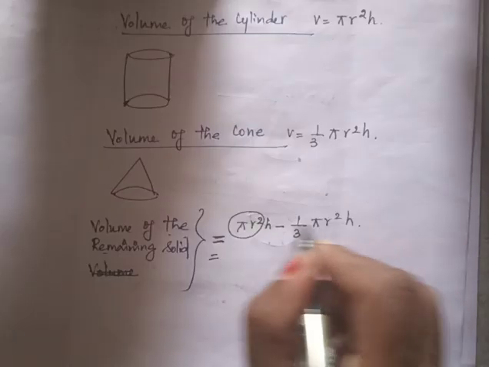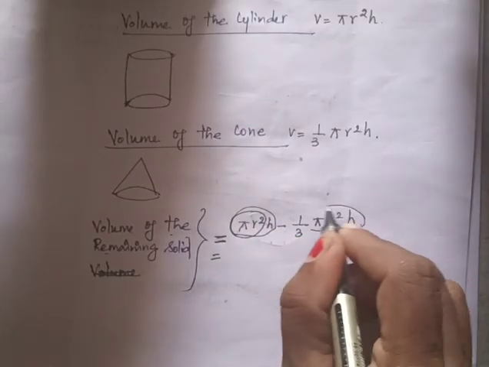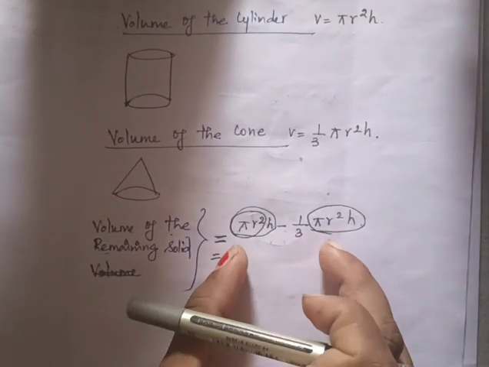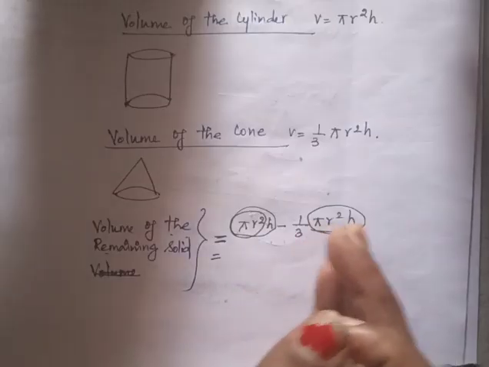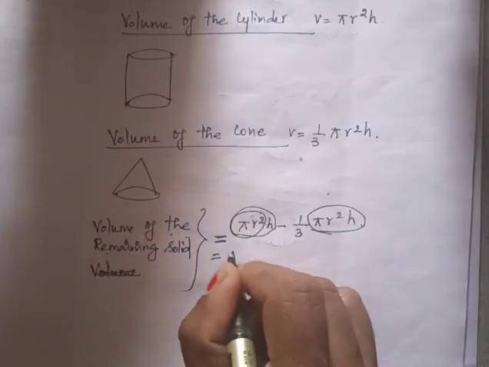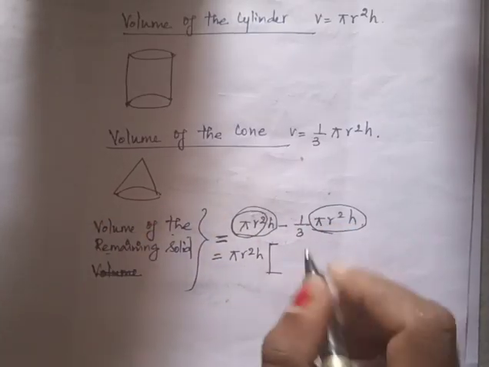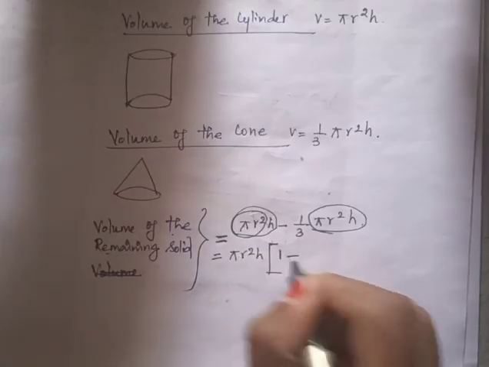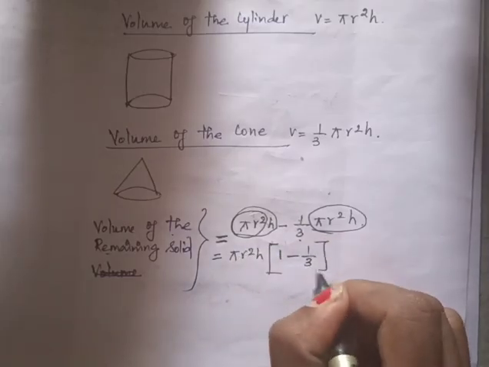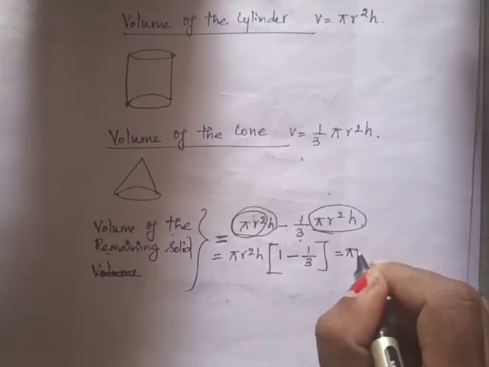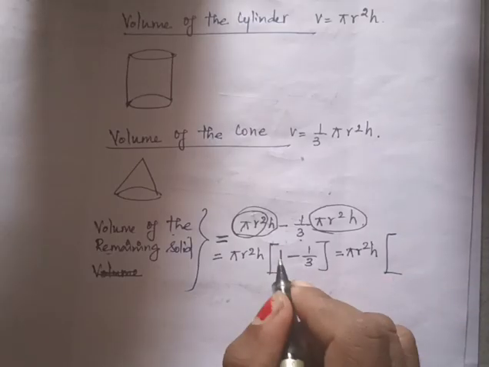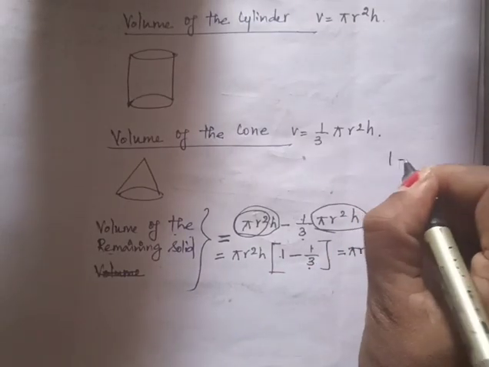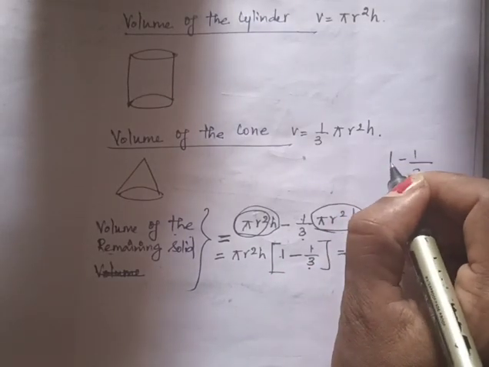Pi R squared H and pi R squared H, both terms contain it. So we take out pi R squared H outside. The remaining one is pi R squared H into 1 minus 1 by 3.